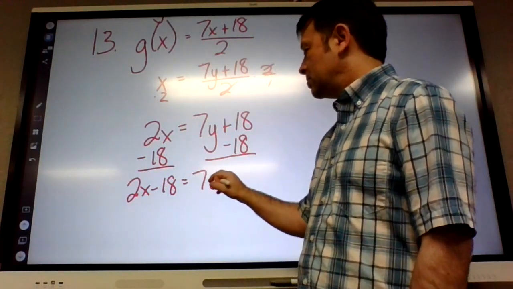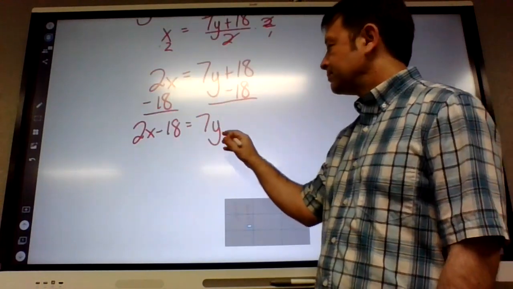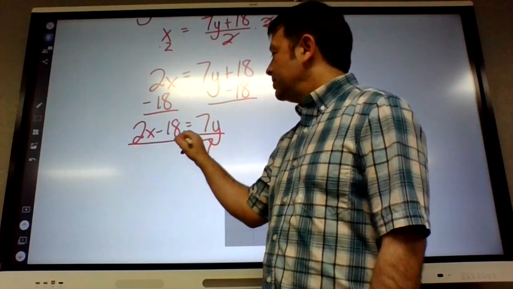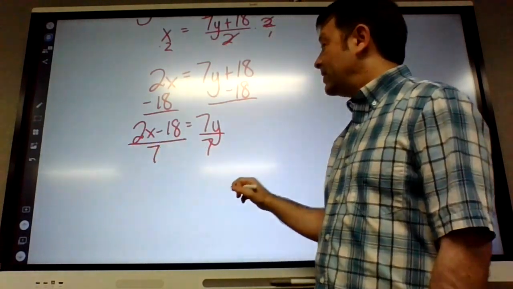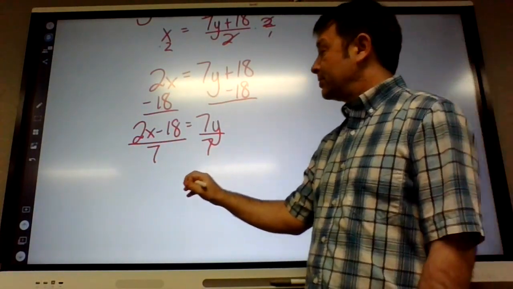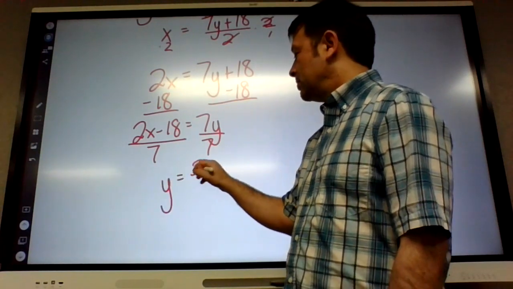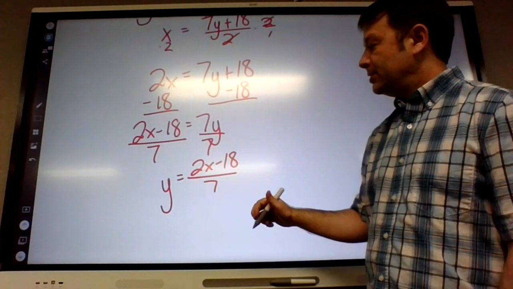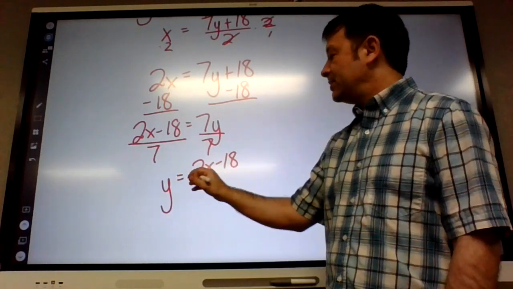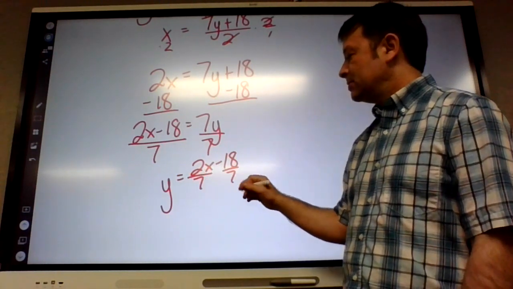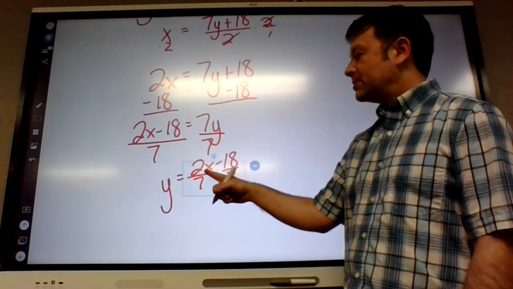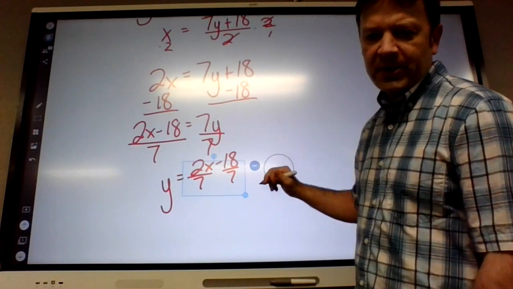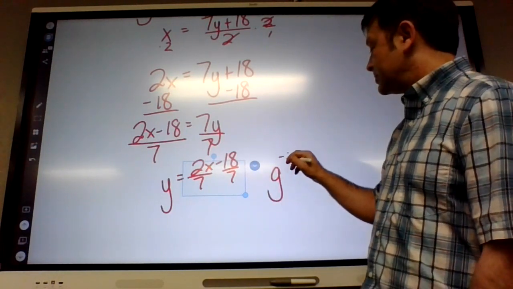No. And then divide by 7. Now, you could just put the whole side divided by 7, kind of like what we started with. If we were graphing, which we're going to do later, you'd probably want to divide each of those individually by 7 so that you can see the slope and the y-intercept. But I do want you guys to change it back into function notation.